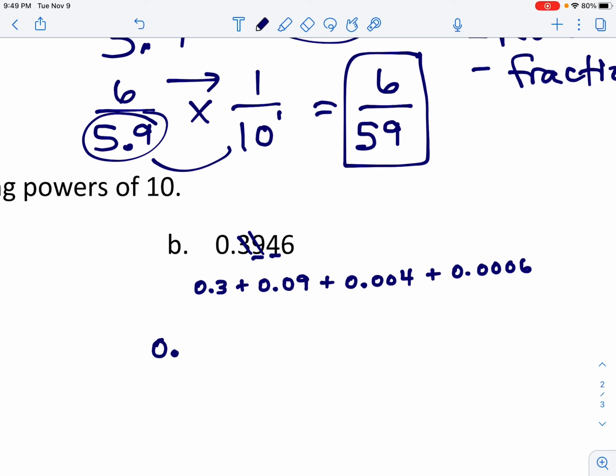So 0.3 times 10, and that would have to go over 1. So actually it would be 3 times 10 to the negative first power, sorry. Okay, this one, 1, 2, so that's plus 9 times 10 to the negative 2 power.